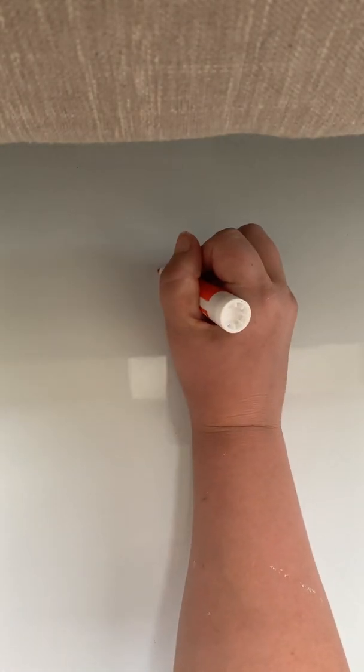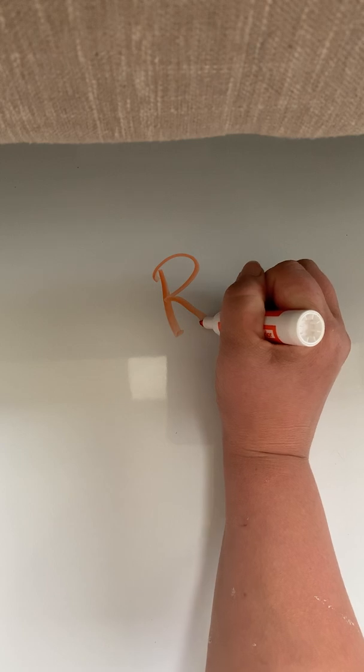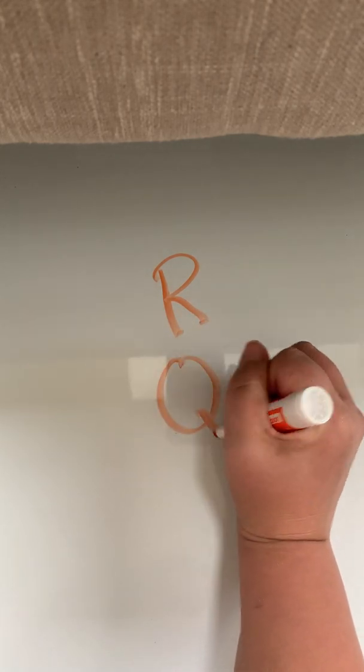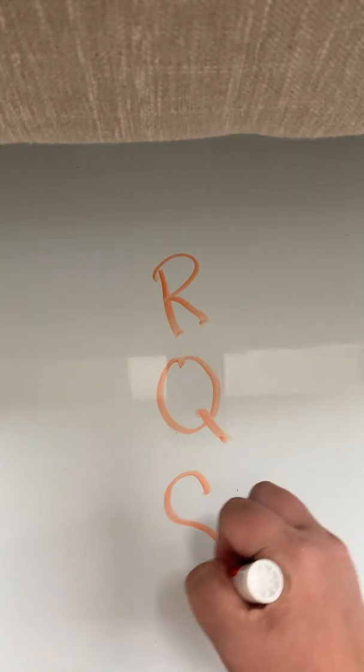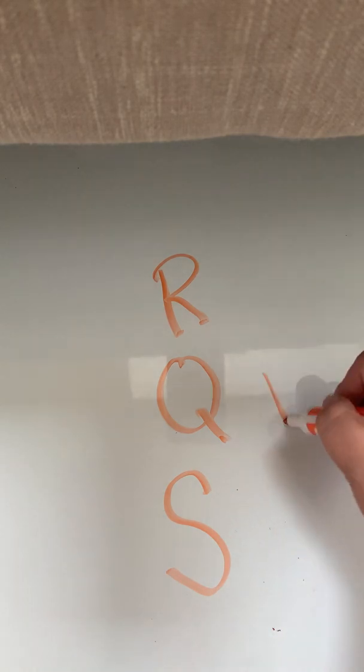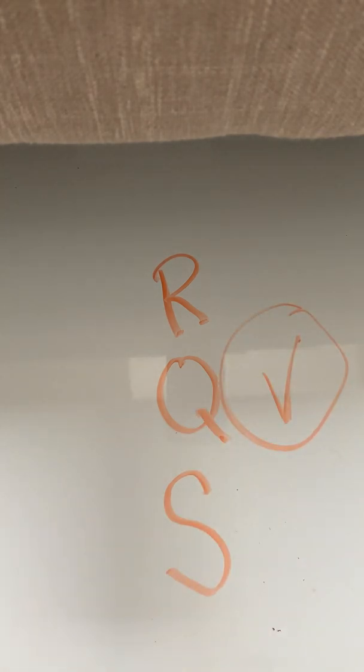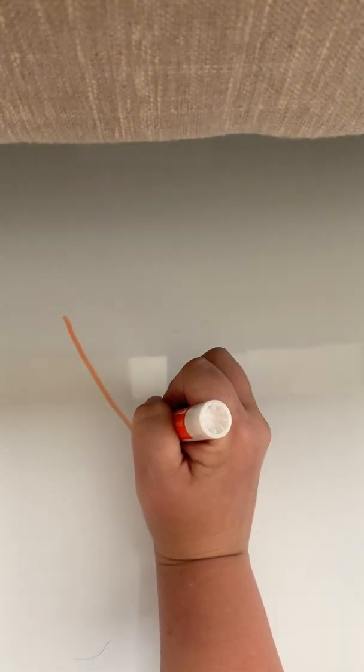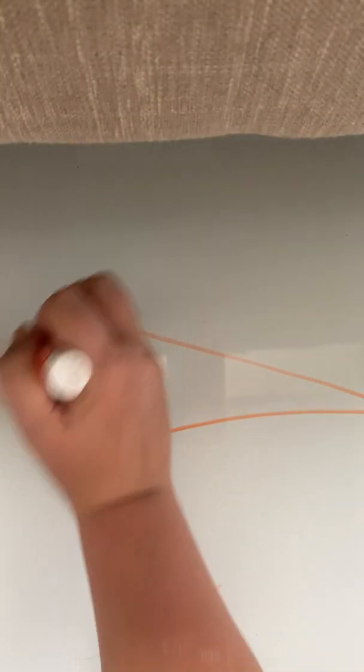All right, if you said shape R, shape Q, and shape S, you are correct. Those are the only 3 shapes that are symmetrical. Because P, the triangle, does not have a line of symmetry.